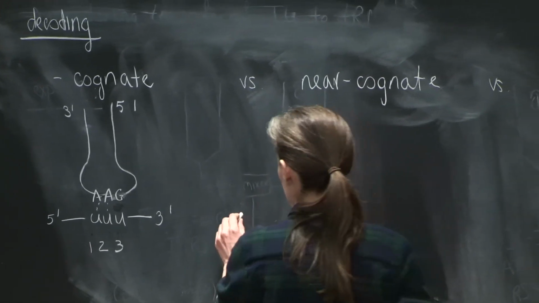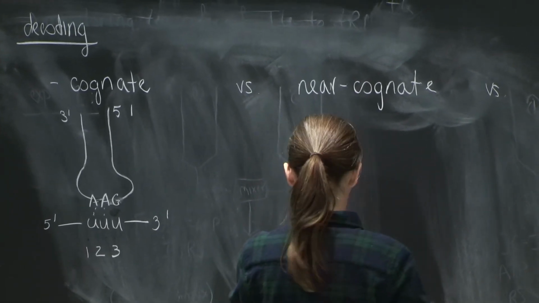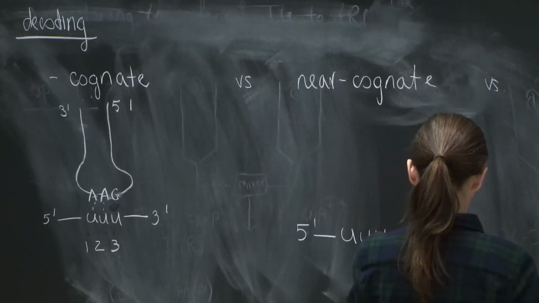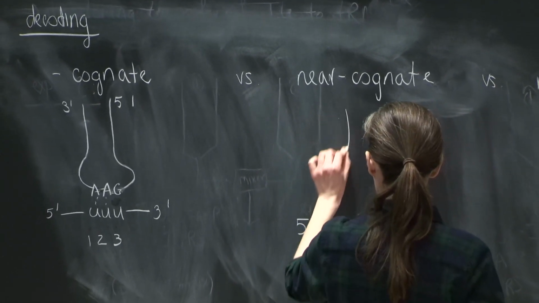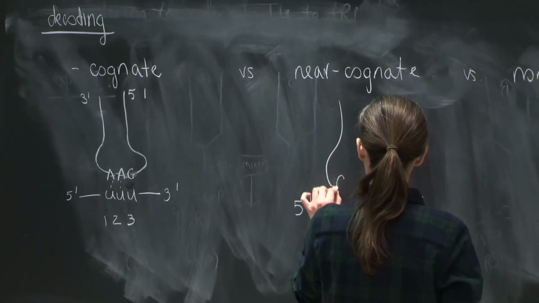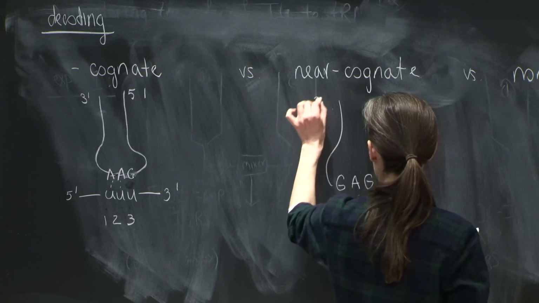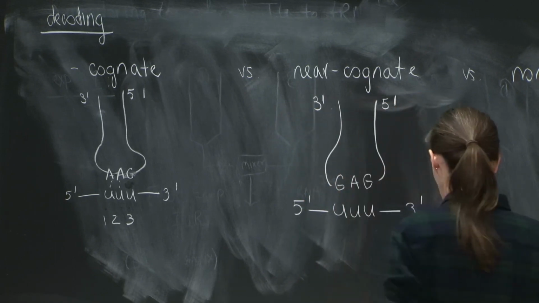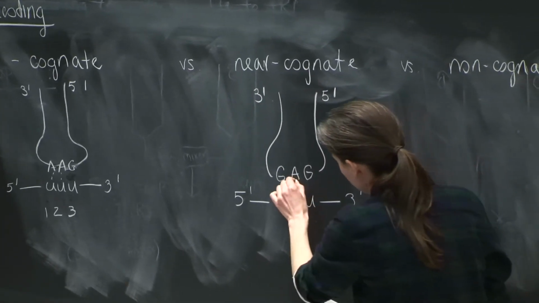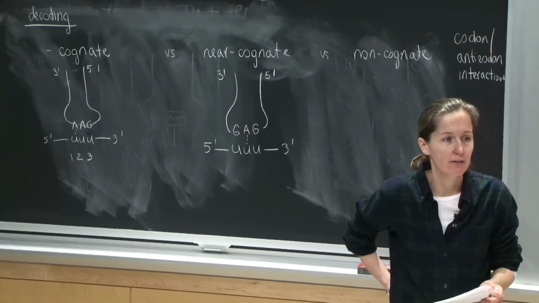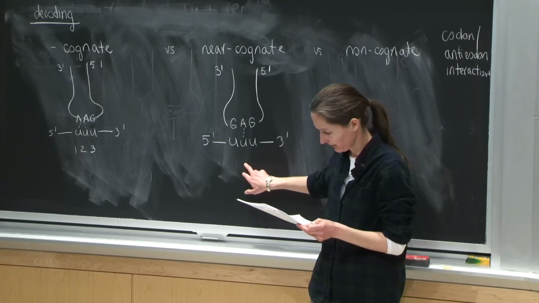Just as another example here, imagine we have GAG. What we see is that there's only one match, meaning Watson-Crick base pairing, in position 2.